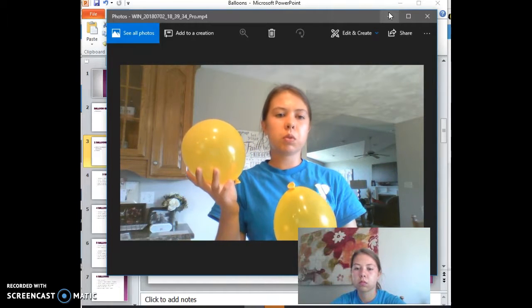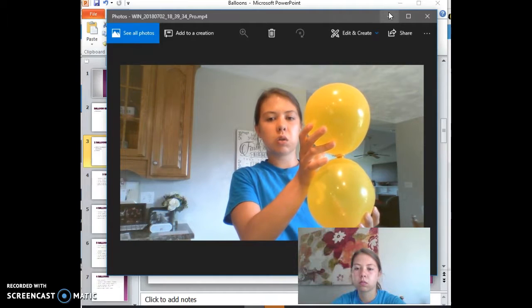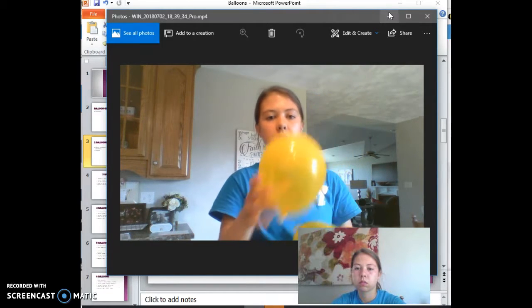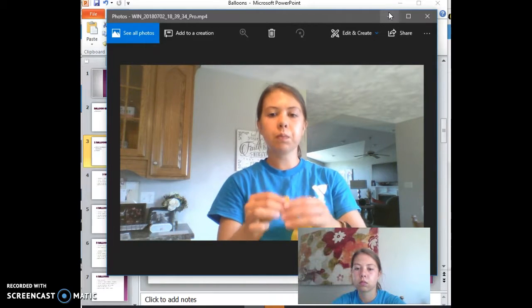So if I would put these 2 balloons together and they'd be pointing in opposite directions, it would be considered a linear geometry. Next, I'm going to blow up an additional balloon.